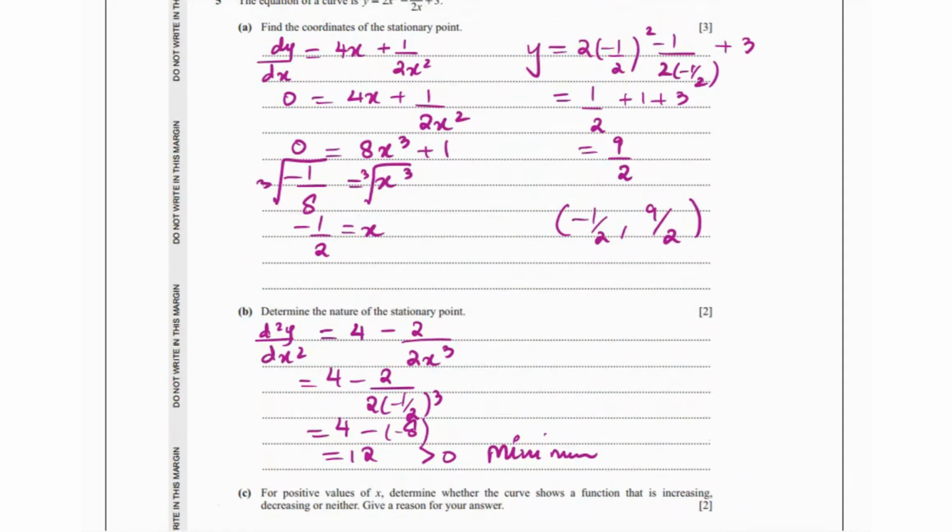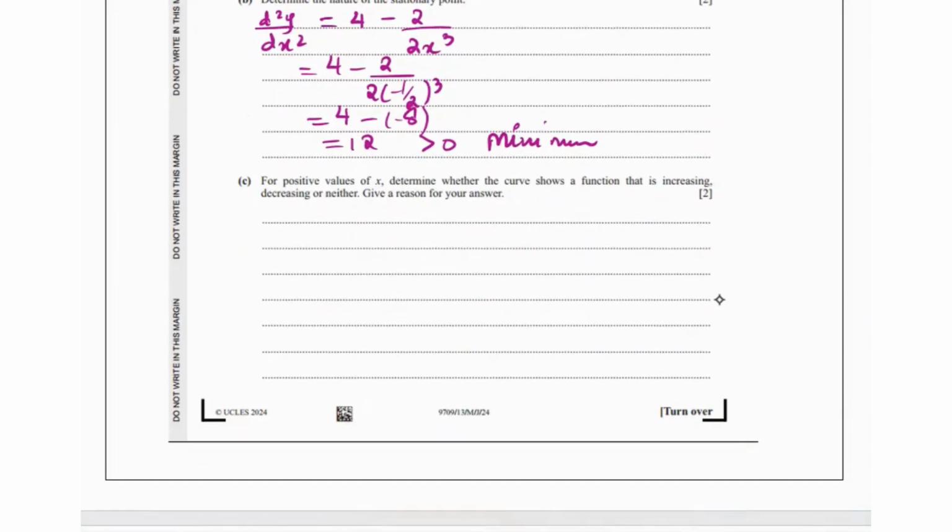Because if x is less than 0, then 4x will be negative, and that's going to be bigger in value, so that would make the entire thing negative. So it's going to be increasing for x greater than 0.